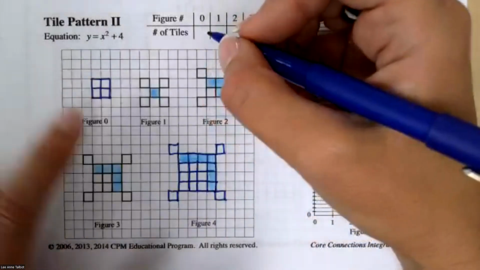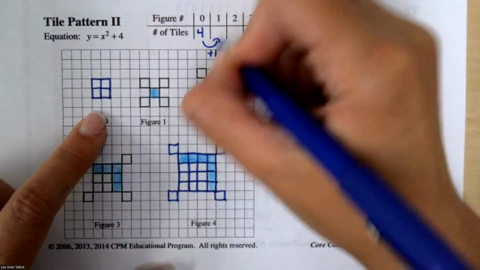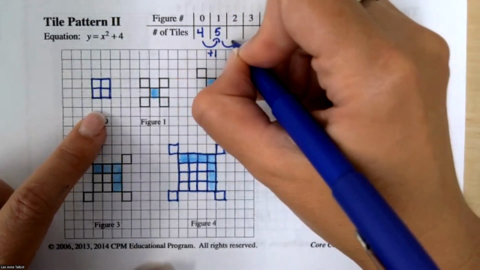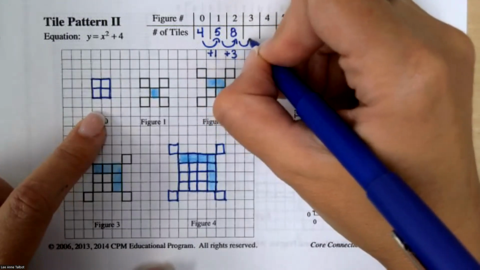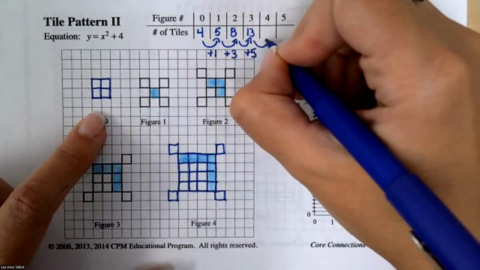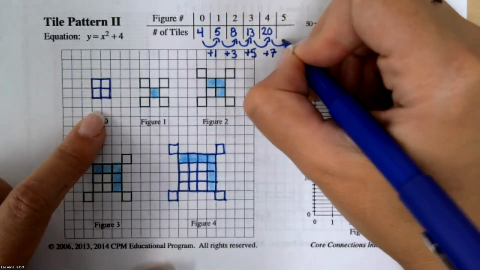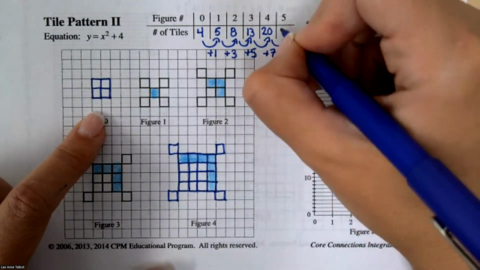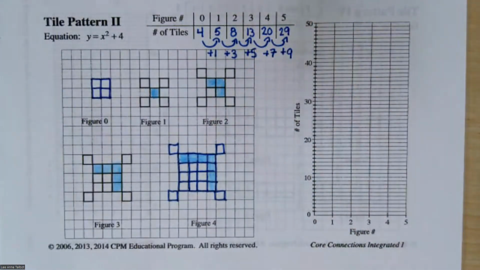So we're going to have to express that here. Figure 0 is 4. And then plus 1 is 5. And then plus 3 is 8. And plus 5 is 13. Plus 7 is 20. And then plus 9 is 29. You guys notice that it's adding the next odd number up.